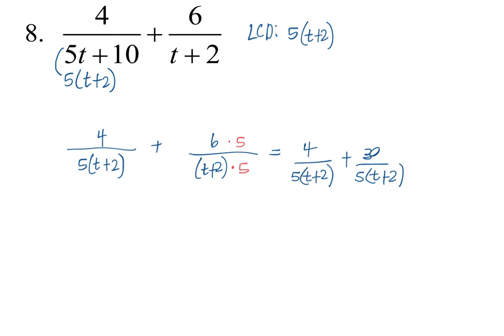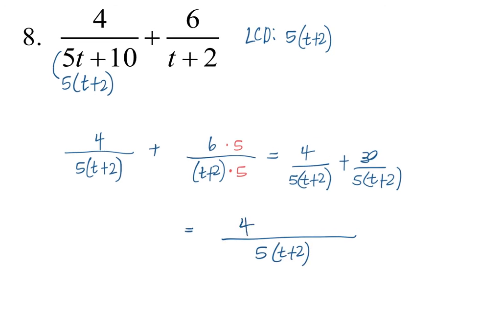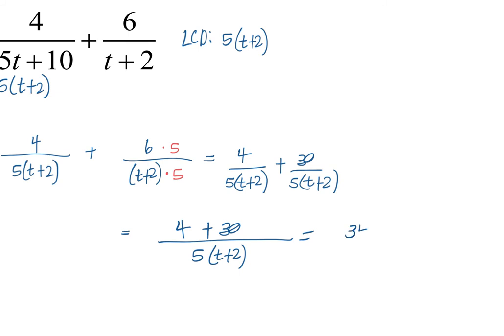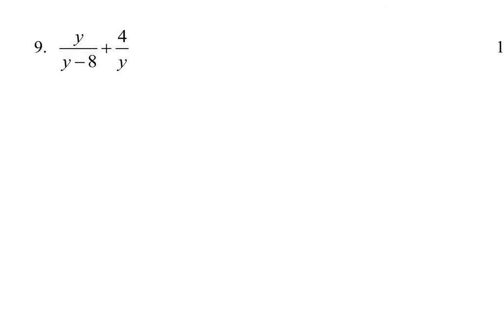And now that we have the same denominator, we will add the numerators to get 34 over 5 times t plus 2. Everything is completely factored and nothing cancels, so that's our final answer.